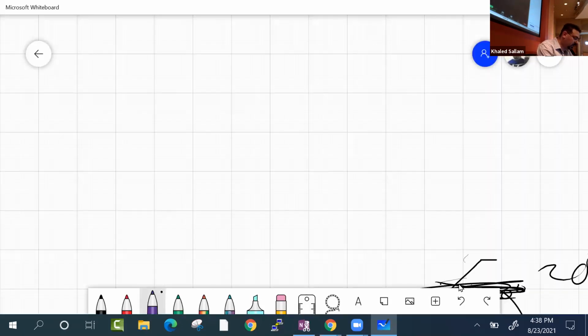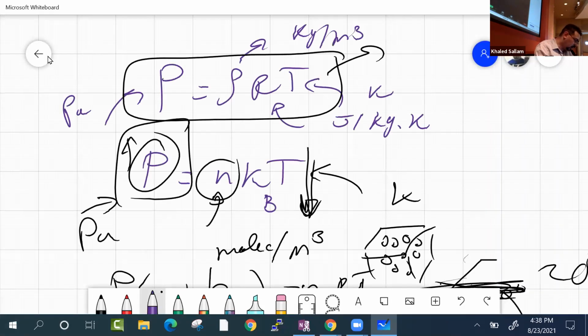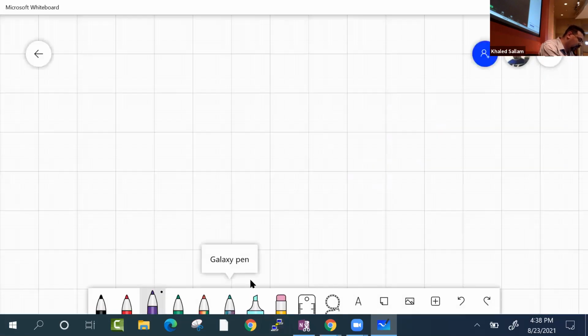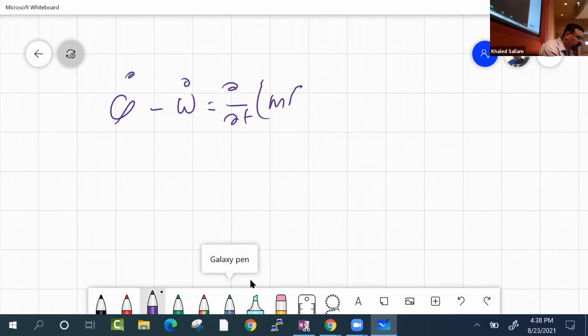I just want to say that, as I said, we saw this before, but I really appreciated when people start from the mass and energy balance for the control volume, plus m dot out.